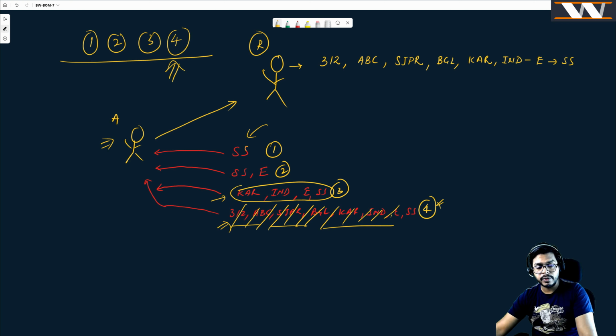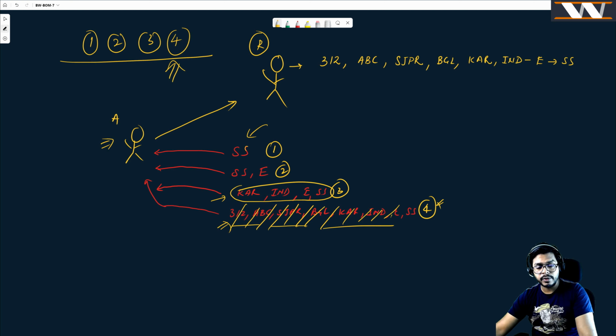So what is the whole sole point? The whole sole point is, if this router is getting two routes, one is 10.10.10.0/24 and the other one is 10.10.10.0/25.